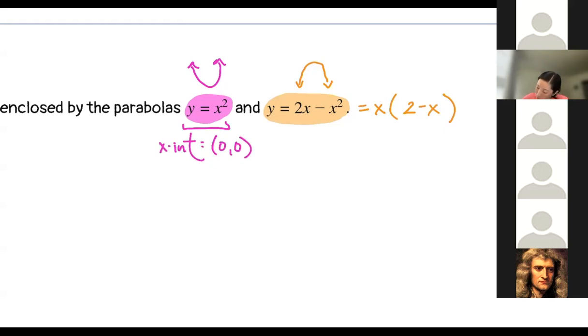What about this orange parabola? Where are those x-intercepts? Hmm, 0, 0, and 2, 0. Now, where did you get those numbers from? You're 100% correct, but let's just make sure that everyone understands where those numbers come from.